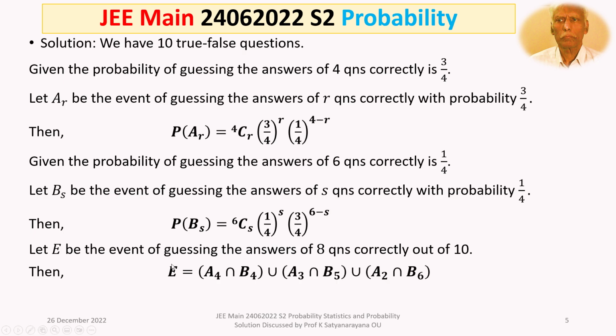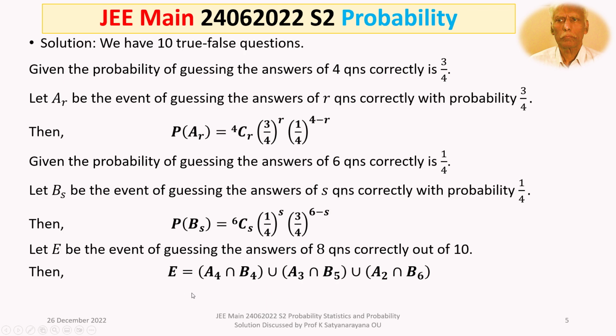Therefore, the event E is A4 intersection B4, union A3 intersection B5, union A2 intersection B6.